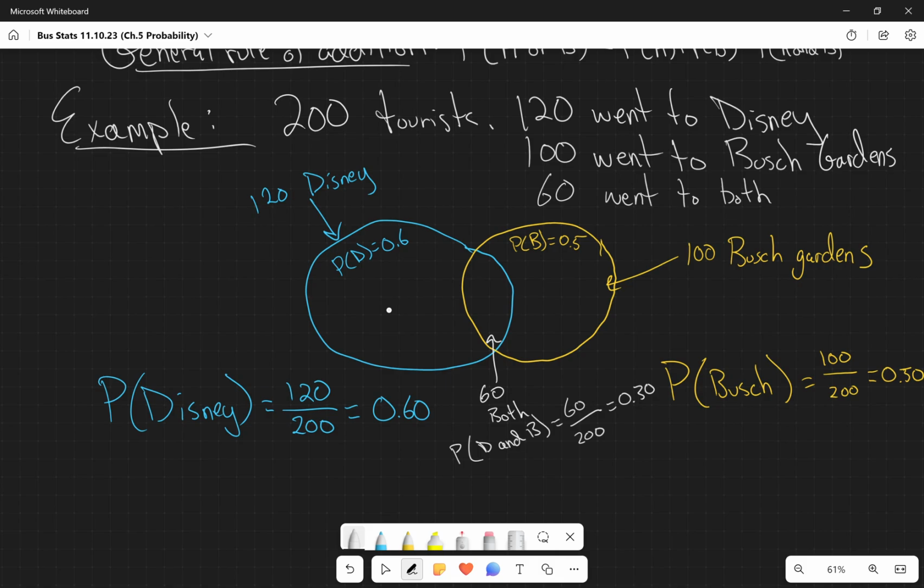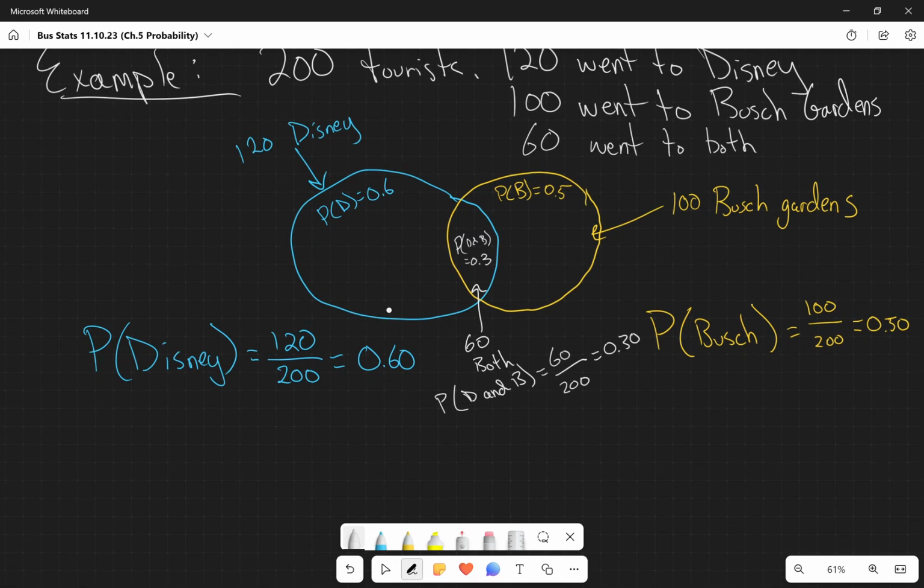And so this is going to be a probability of D and B that's equal to 0.3. So now we've just interpreted the raw data that was given to us in the prompt. But the question asks us, what's the probability that somebody is going to go to Disney or Busch Gardens?